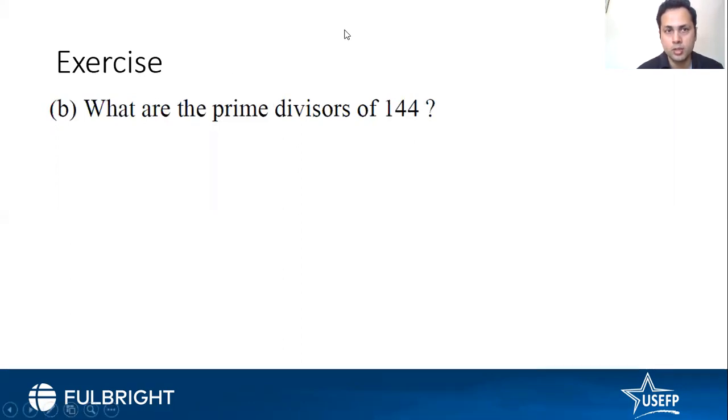So the first 10 prime numbers are something that you need to remember.